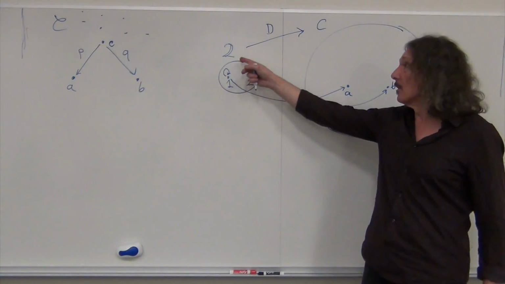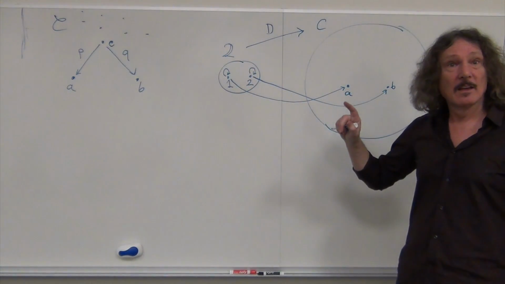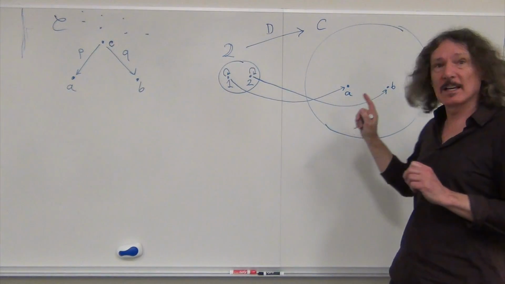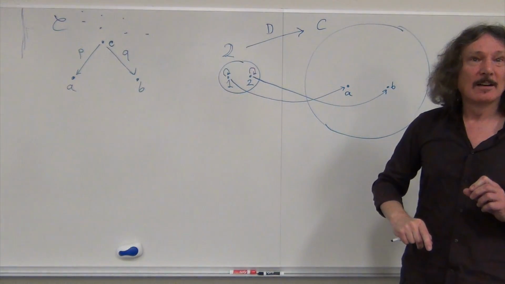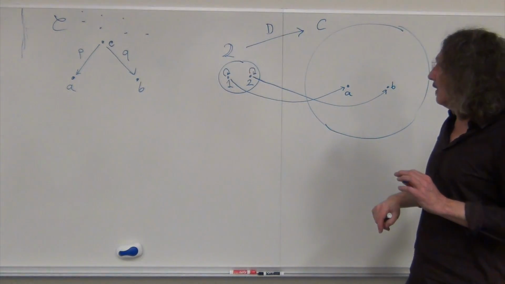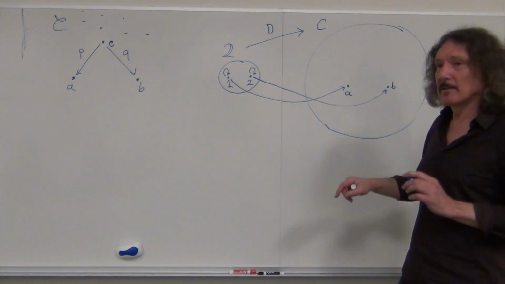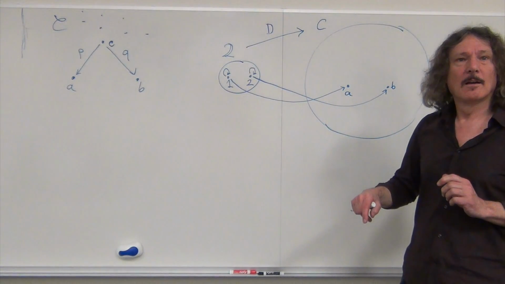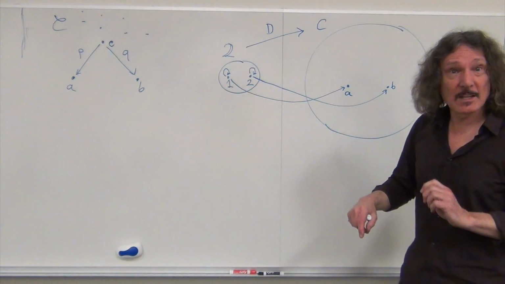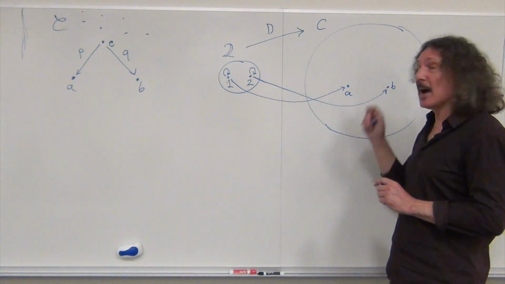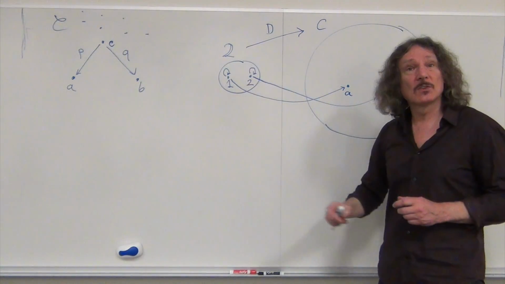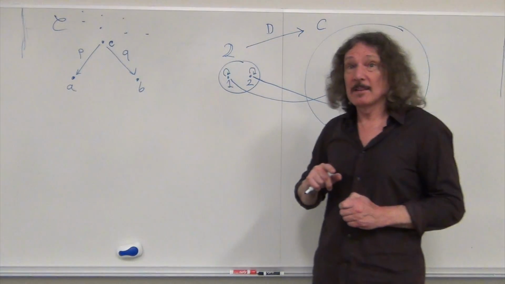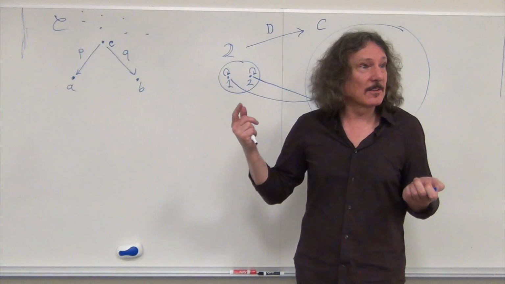Every functor from 2 to C is equivalent to a selection, yes? Do they have to be unique for the functor? In what sense unique? Can the functor map 1 and 2 to the same object? Good question. Can this functor map A and B, map 1 and 2 to the same object? And yes, why not, right?